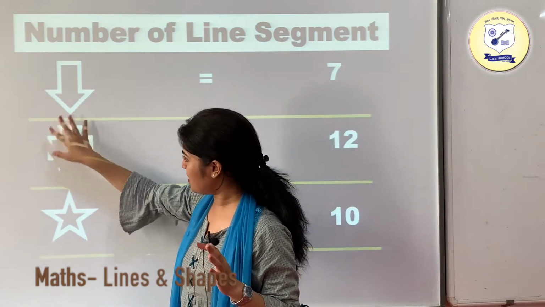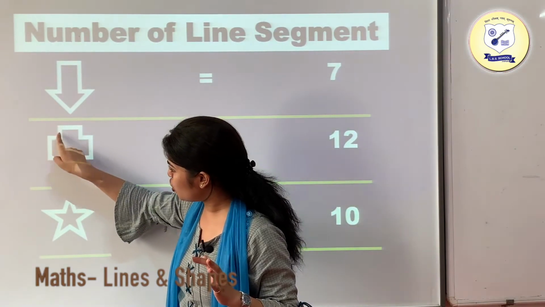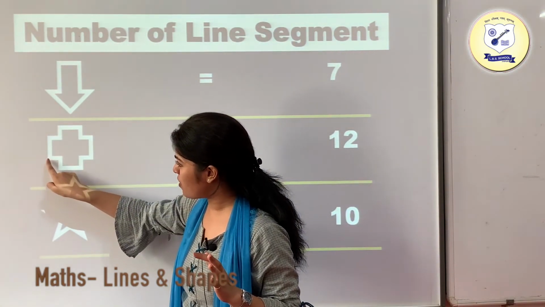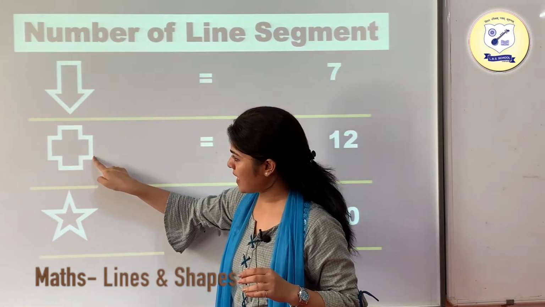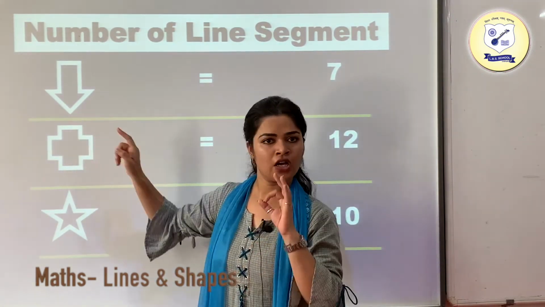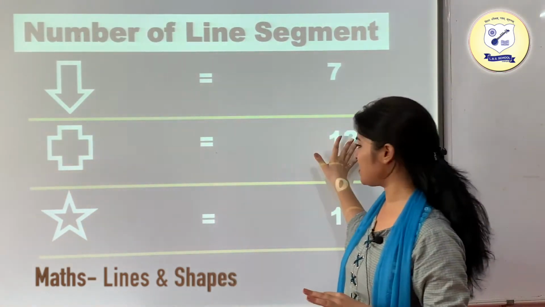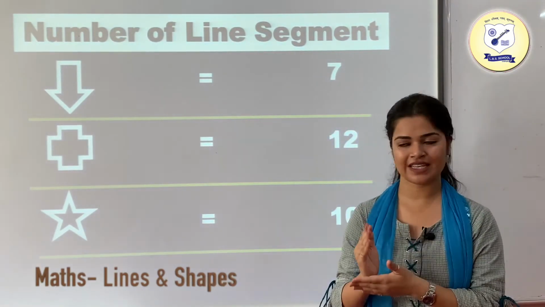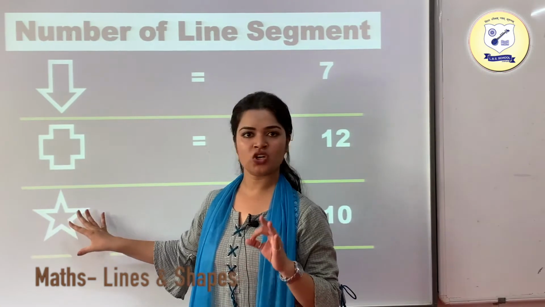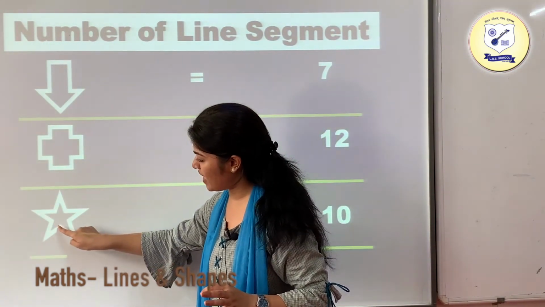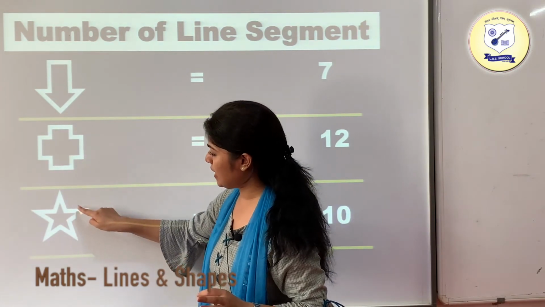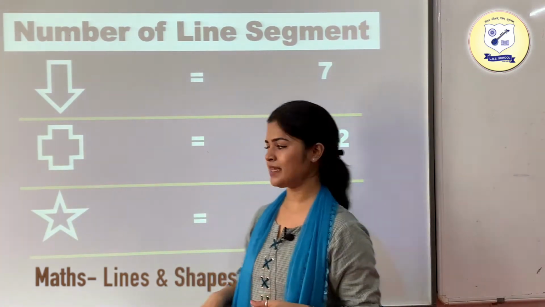Similarly, in this picture we have 12 line segments. Similarly, this is your star and we have 10 line segments in it.